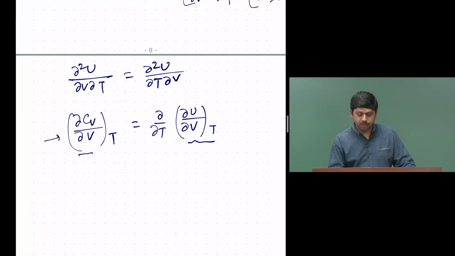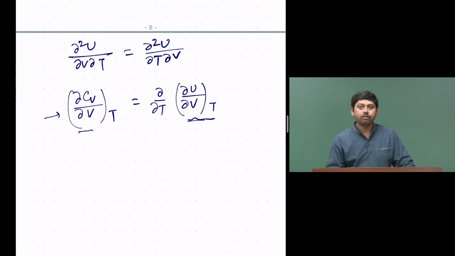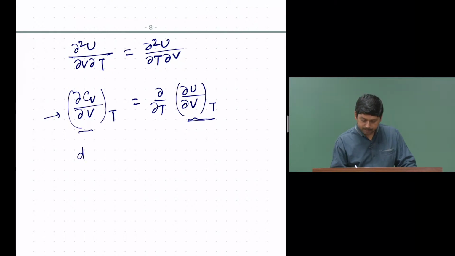If we show this to be 0, then we know that it does not vary with V anymore, and that is the reason we wrote del del V, which gives this particular quantity, del U by del V at a constant T. Another reason for writing it this way is that this can be converted to something in terms of P and T. For example, you know that dU equals TdS minus PdV.